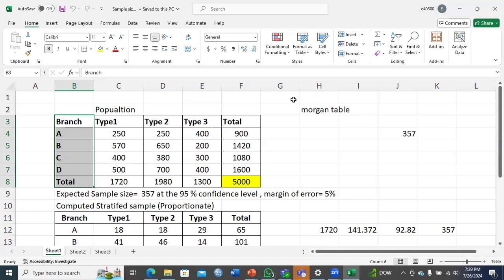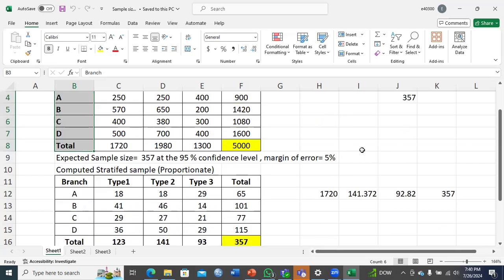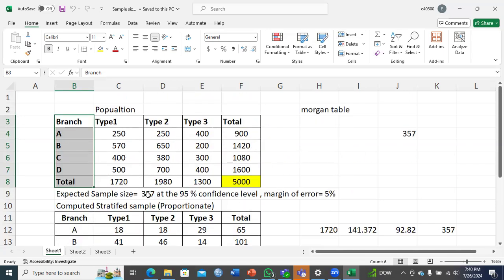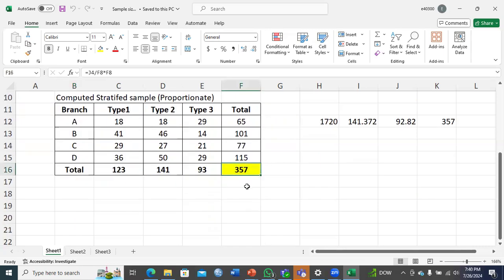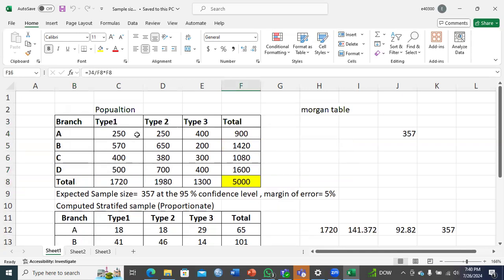I think you can remember the Morgan table I previously shared. Then we should proportionately compute the sample size. Our sample size is 357 according to the Morgan table. Then we should proportionately pick the sample from each stratum.